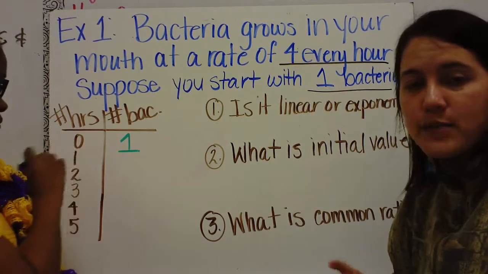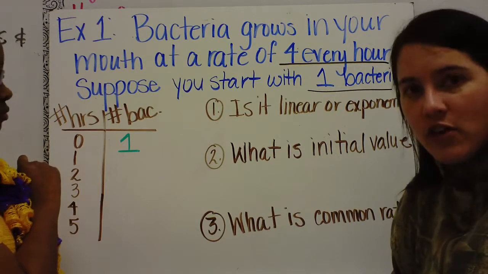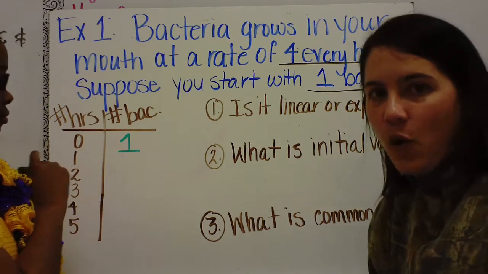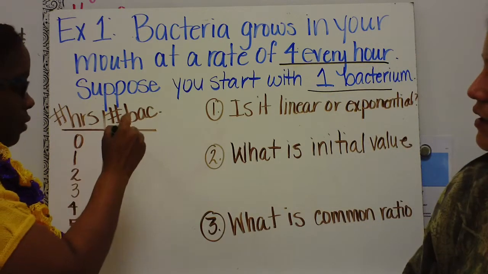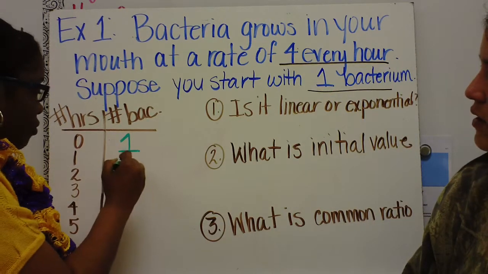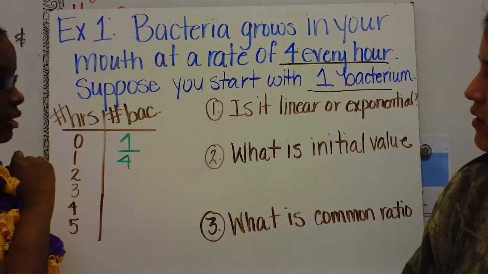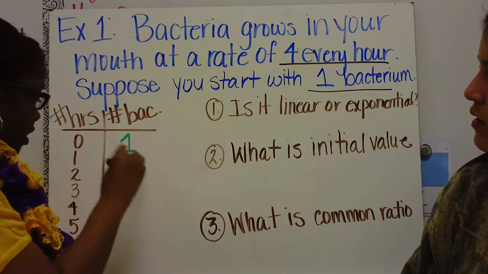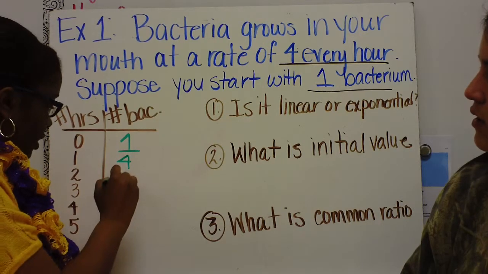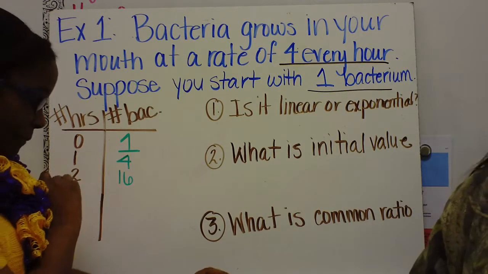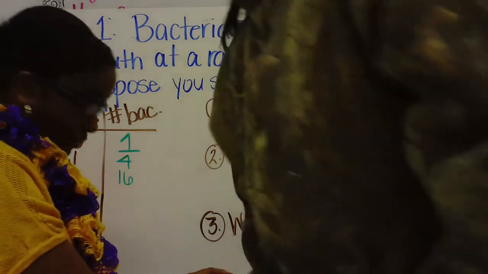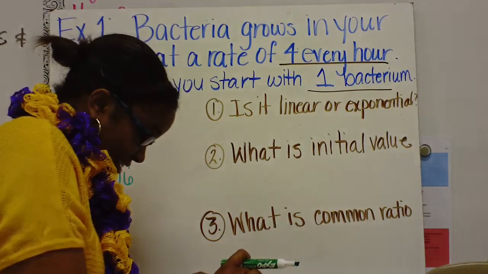So because we're talking about exponential functions, we know we're talking about a ratio. So that means it's going to be times 4 every hour, multiplying by 4. So from 0 to 1, if we multiply 1 times 4, then in hour 1, we're going to have 4 bacterium in our mouth. Then 4 times 4 would be 16. And 16 times 4? 60. I don't know. Check our calculator. 64.